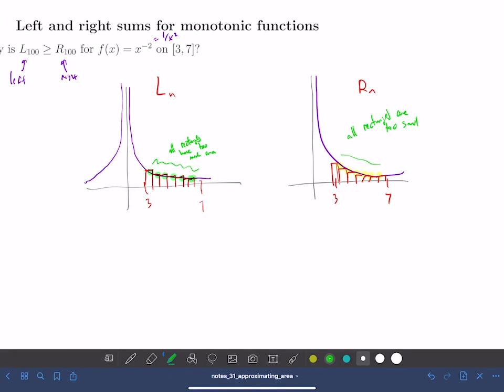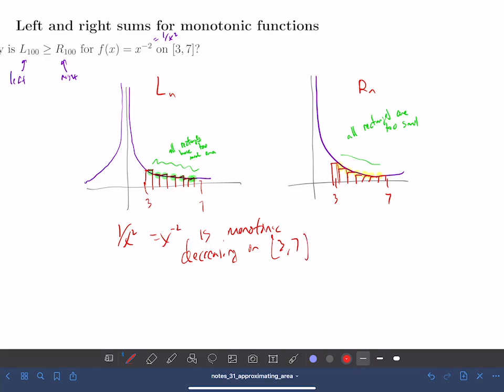What's the difference between these two things? Well, 1 over x squared, equals x to the minus 2, is monotonic decreasing on 3, 7.